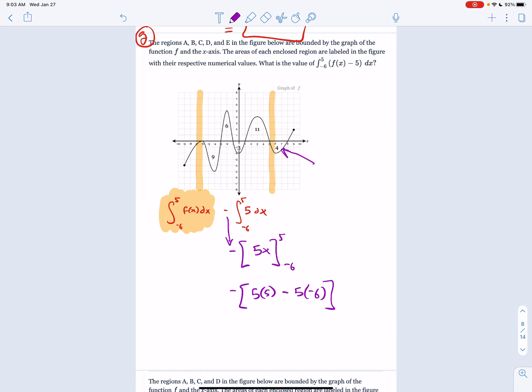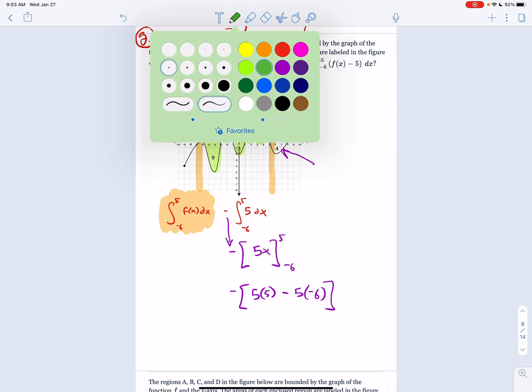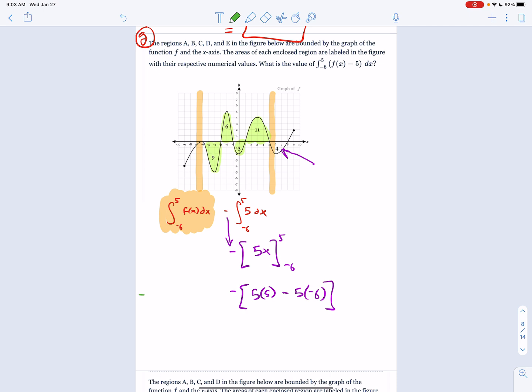So we're just finding the area from -6 to 5, which turns out to be this area in green. Going from left to right, that's going to be a -9, a +6, a -3, and a +11. -9 and -3 because the area is below the x-axis. And then the rest is just computation here.